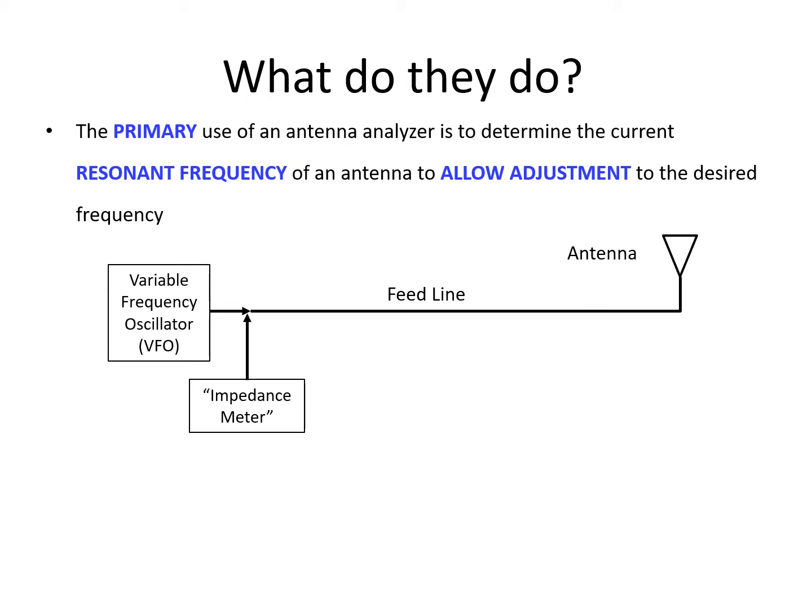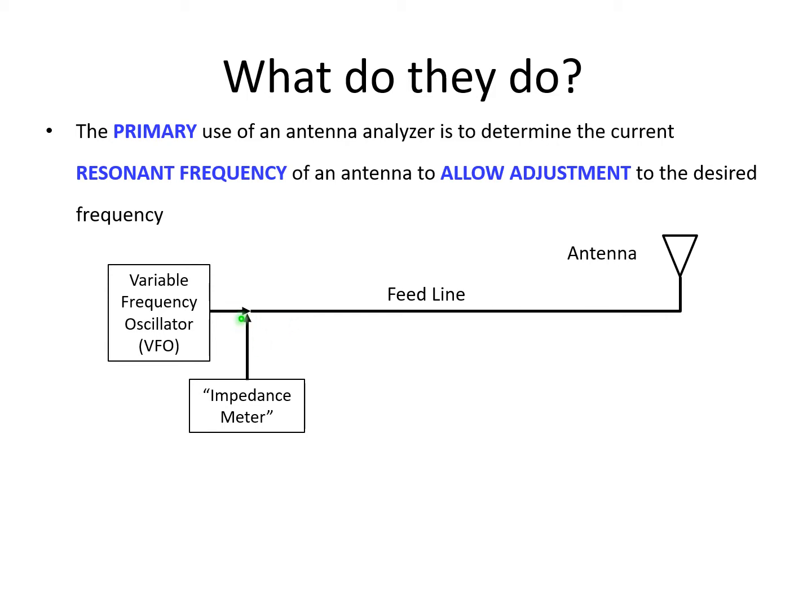So the antenna analyzer has two basic functions. It'll have some sort of variable frequency oscillator, and the purpose of that is to generate a fairly low power signal that would operate in the frequency range that the antenna system was designed to operate.